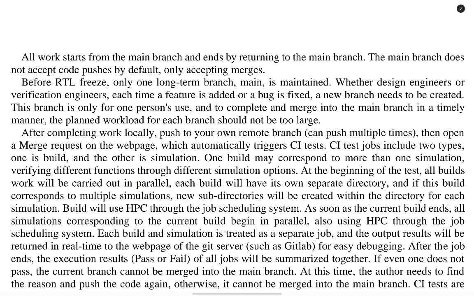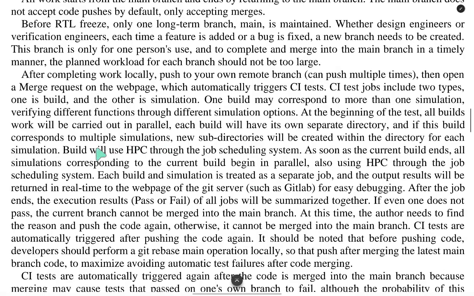At the beginning of the test, all build work will be carried out in parallel. Each build will have its own separate directory, and if this build corresponds to multiple simulations, a new subdirectory will be created within the directory for each simulation. Build will use the HPC through the job scheduling system.